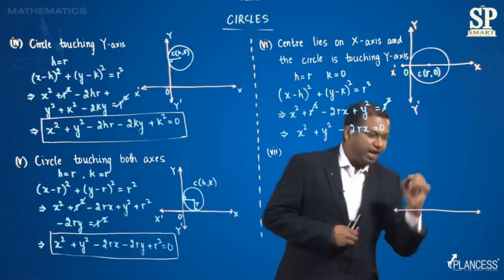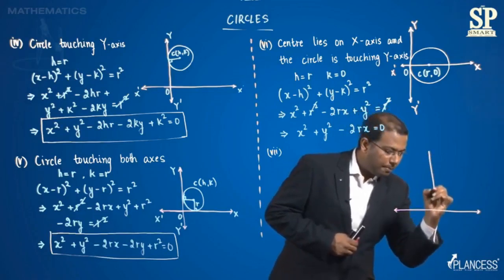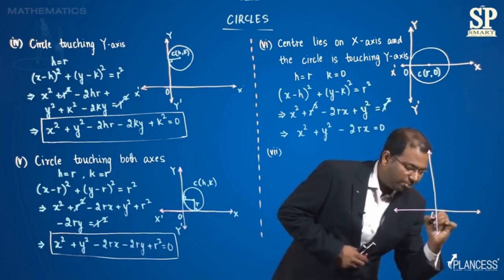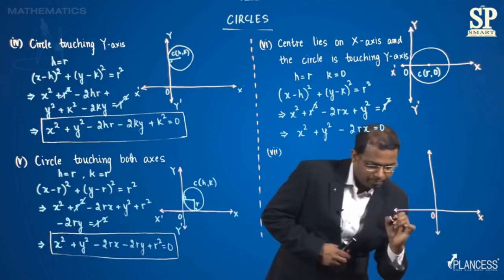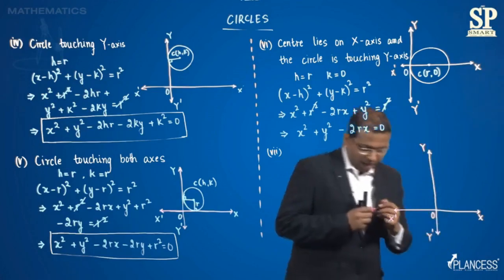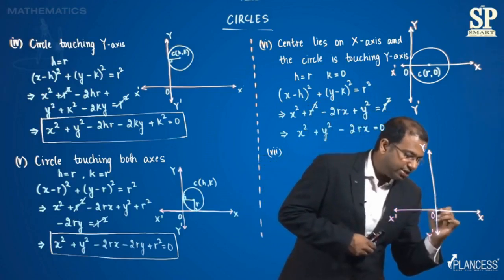So here is our axis, x and y respectively, and the circle which we are talking about in this case is this one.